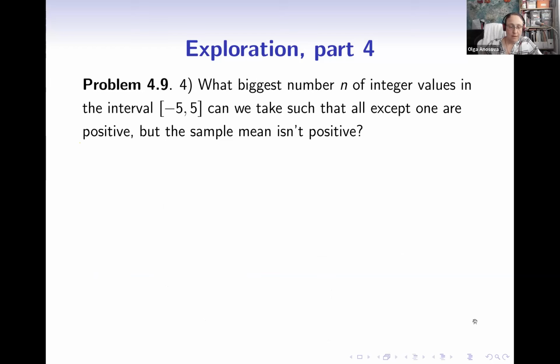So here, in the previous case, the problem was that we had too many integers in a sample. So the question is, what is the largest possible sample for which we will be able to find such an example? What do you think? What is the biggest possible number?